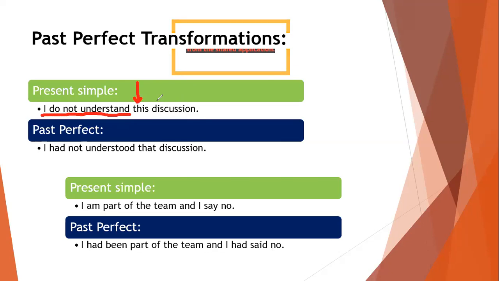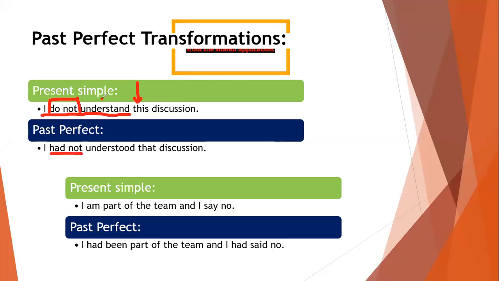It's like when we were talking about the passive, or reported speech. Remember reported speech? Sometimes things change, and we have to pay close attention to that. So now that we have the past perfect, instead of do not, we substitute had not.